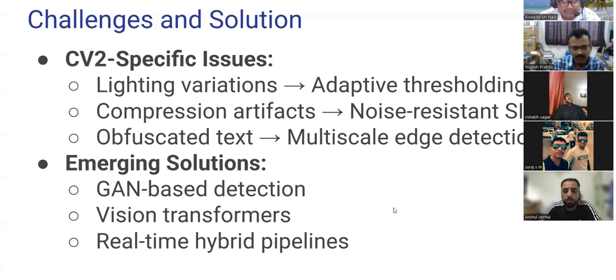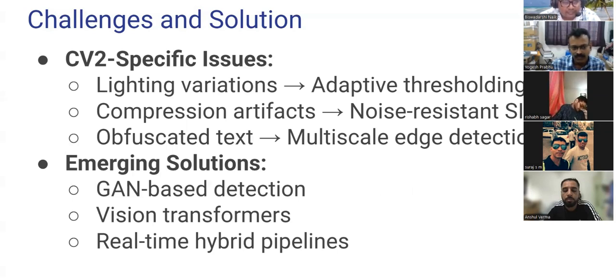That will lead to uneven illumination, cause poor contrast, and reduce OCR accuracy. The second one, compression. Spam images are often compressed to reduce the size, which introduces noise and blurring. So that is another drawback: artifacts obscure edges and text clarity, affecting both OCR and deep learning features.